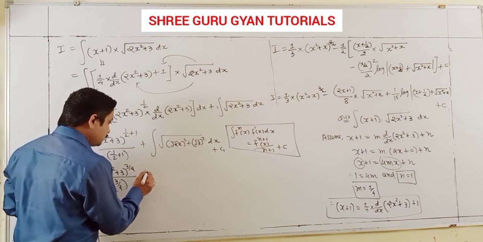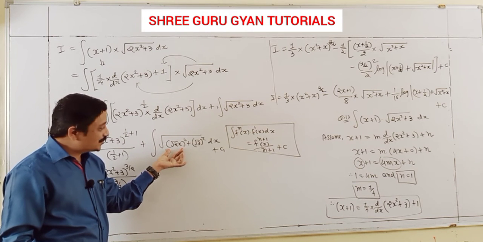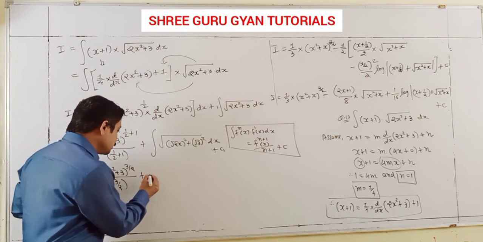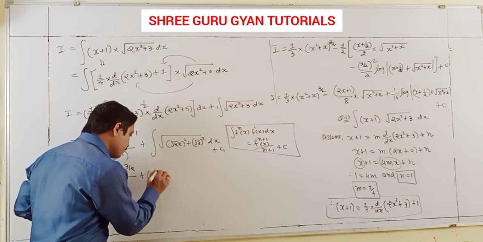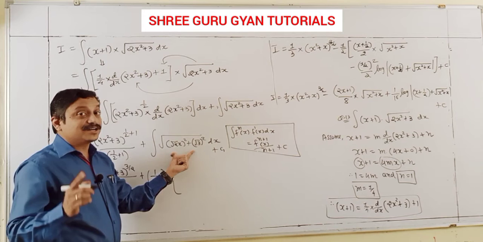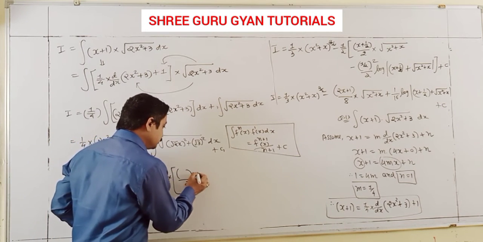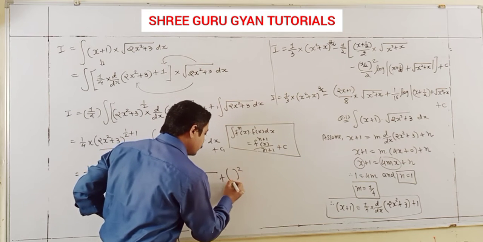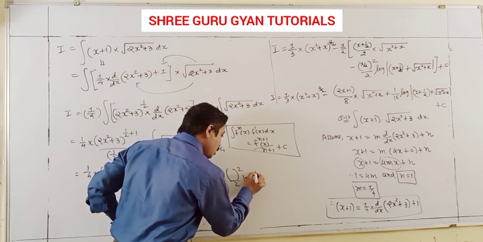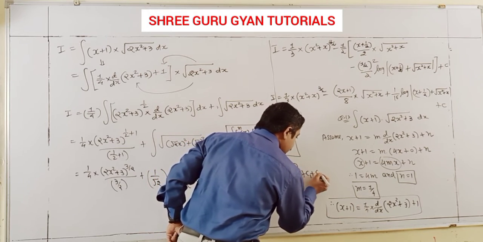And here going to the coefficients of x. What is the coefficient of x? Root 2. So 1 by root 2, root 2. And the property applies to the first rule: x by 2 root plus a square by 2 log x plus under root c1 plus c2.